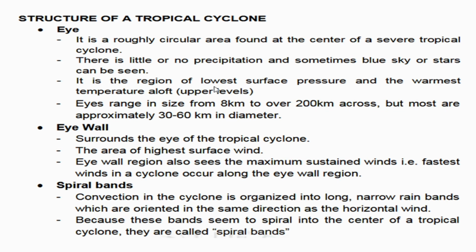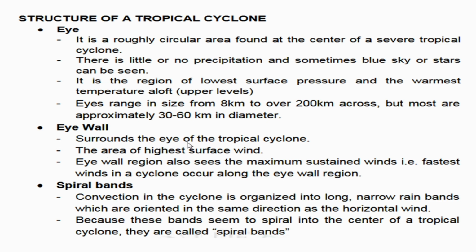It is the region of lowest surface pressure and the warmest temperature aloft in the upper levels. Eyes range in size from 8 km to over 200 km across, but most are approximately 30 to 60 km in diameter.